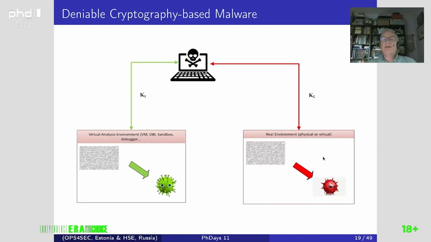On the contrary, otherwise it will receive a key that will produce the real malware. Since the analyst cannot block the identification of the current analysis, he will never have access to the real malware.